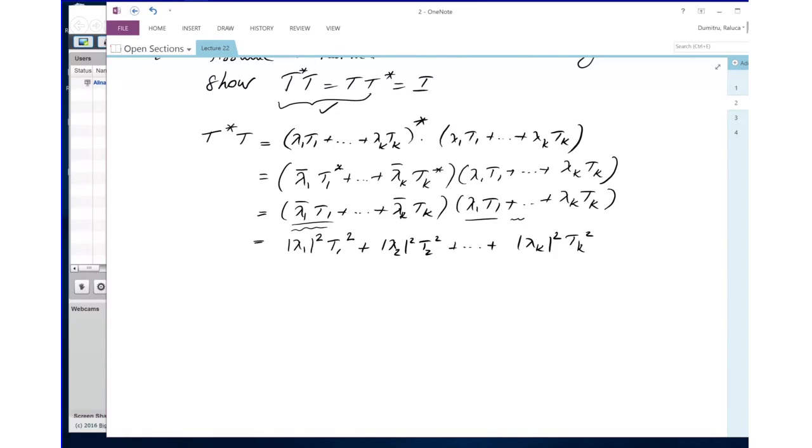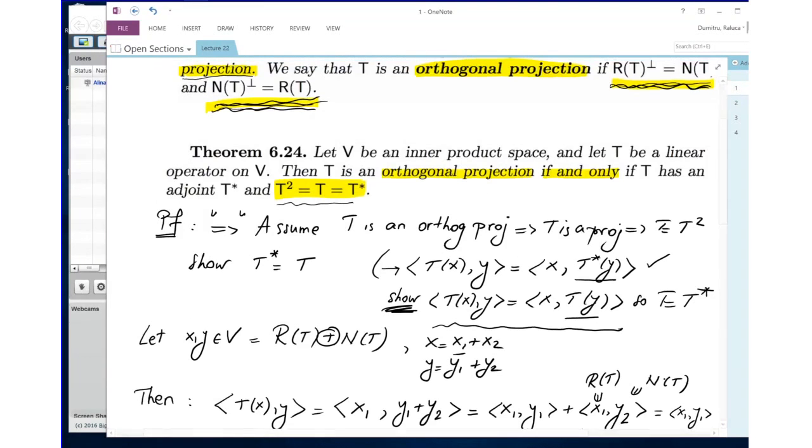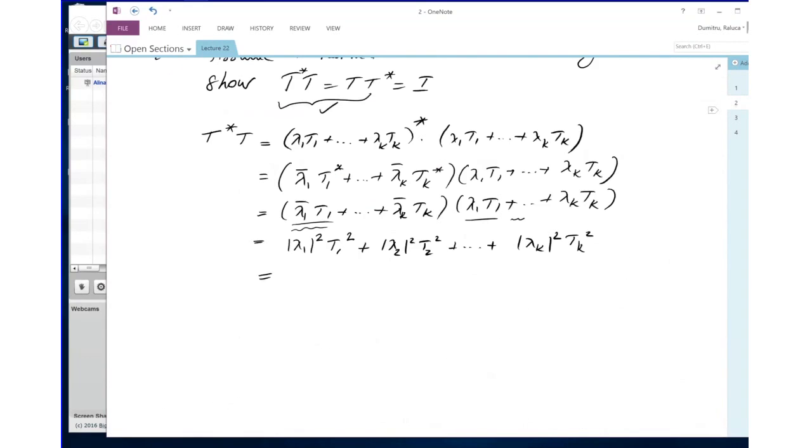Well, it's the first theorem that we proved today, that an orthogonal projection has the property that it is self-adjoint, the one before the spectral theorem. And now I'm going to use the same theorem, which is 6.24, this result here about orthogonal projections. So T1 squared equals T1, again, because it's an orthogonal projection.